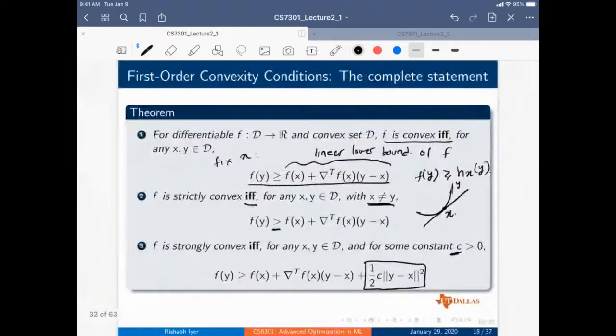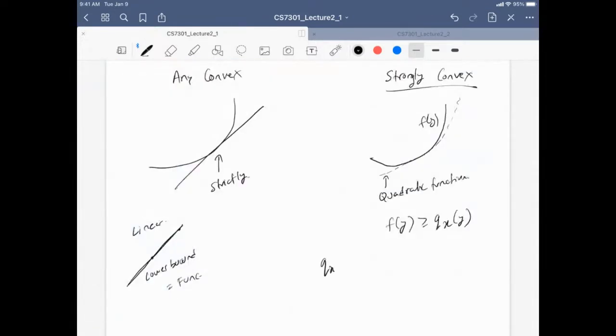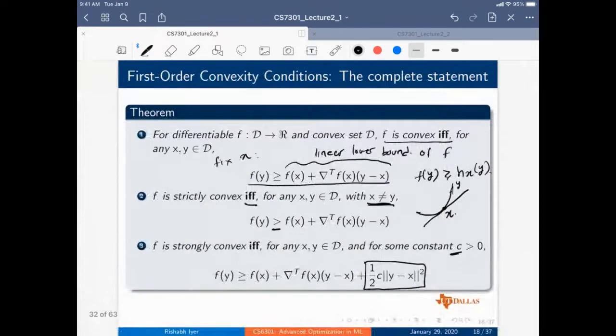The quadratic function is this linear function plus half c times ‖y − x‖², so there is this additional term. This c is also called the strong convexity parameter.